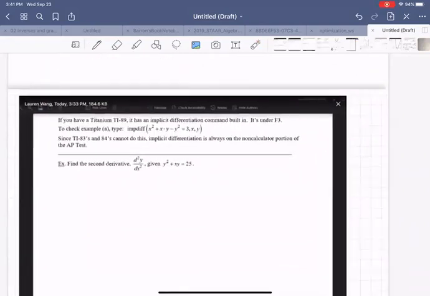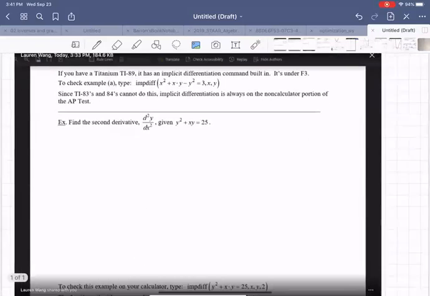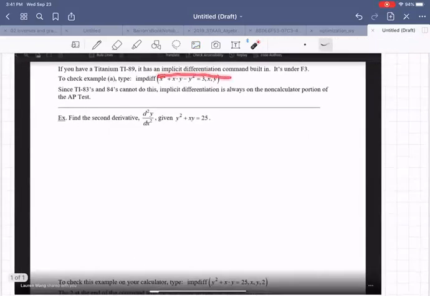Let's see here. If you have a TI-89, no, we use TI-Nspire. The TI-89 is too old. It has an implicit differentiation command. It's under F3. Type implicit diff.